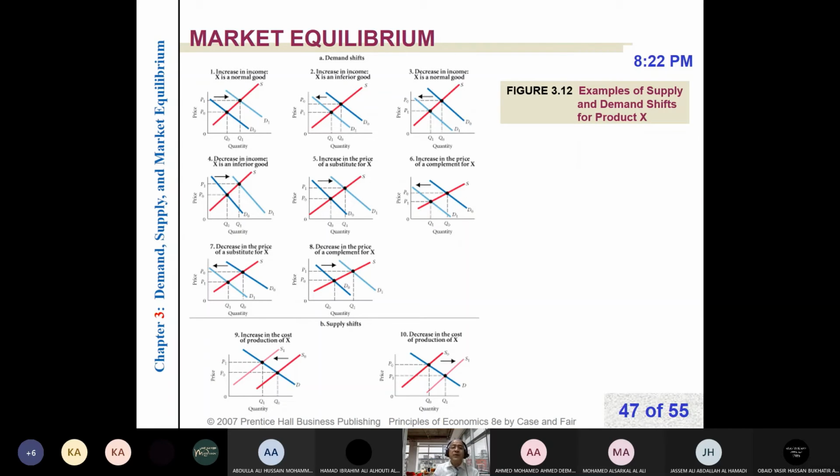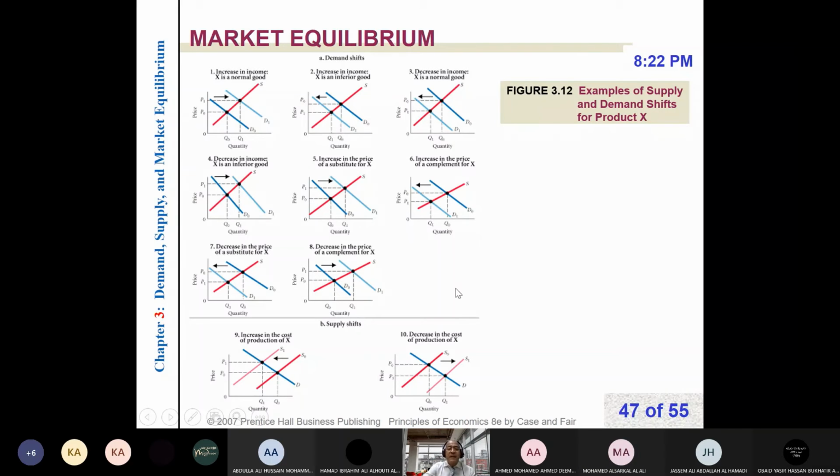Hamad Ibrahim will purchase less Indomie because Indomie is an inferior good. So the demand curve will shift to the left. This is a decrease in demand. What happened to equilibrium price and quantity? They will decrease, doctor. Decrease in price or quantity? Both. Well done. The equilibrium price will decrease, the equilibrium quantity will decrease.